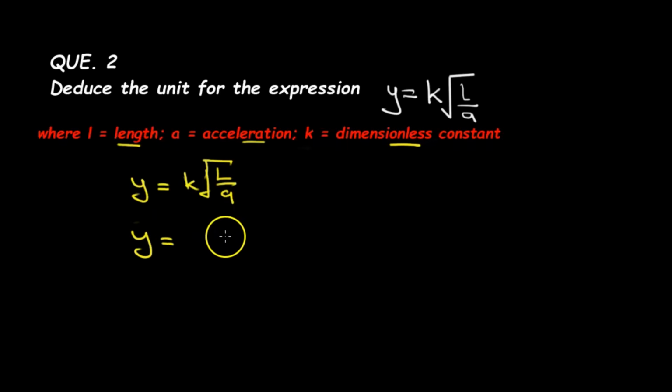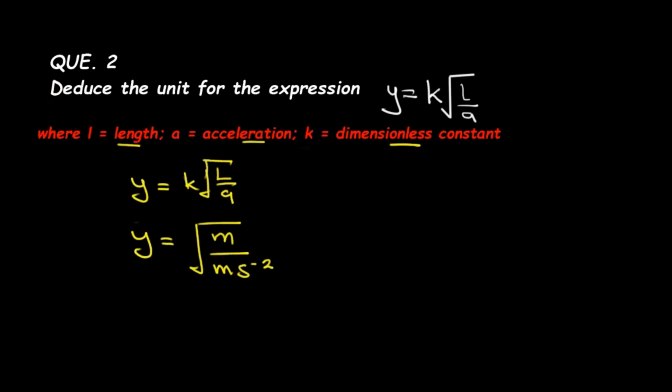Since we said dimensionless constant, you know what dimensionless constants are when we are talking about dimension, which is likely going to be our next video. So you forget about the dimensionless constant. Then we have square root of the unit of length, which is meters, and the unit of acceleration is meter per second squared.